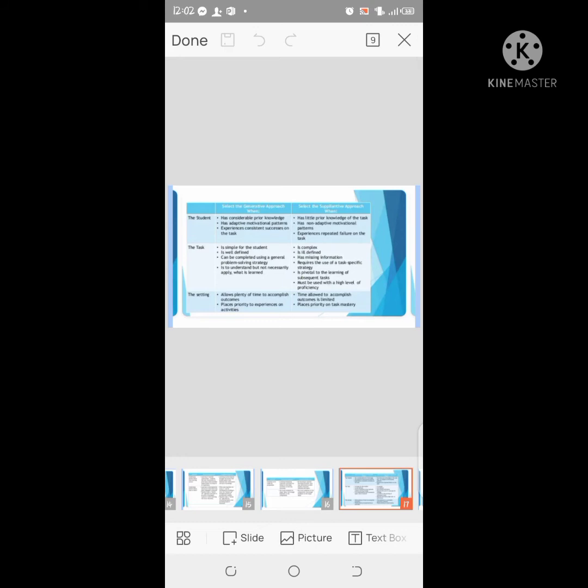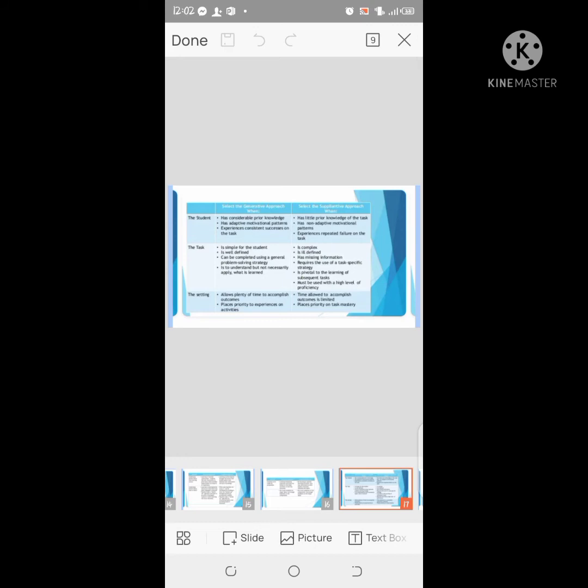So we can see the differences between the two. In the generative approach, we can observe that the task is simple and well defined, while in the supplementive approach it is complex and not well defined. So that is it. Next we have the setting.